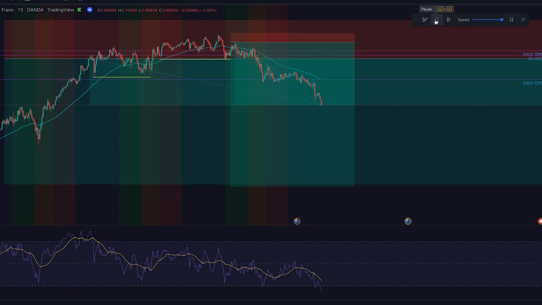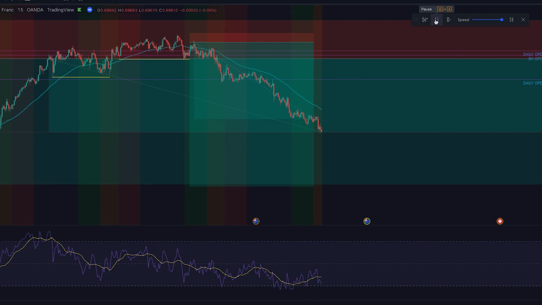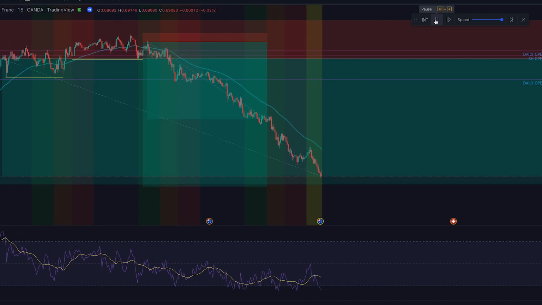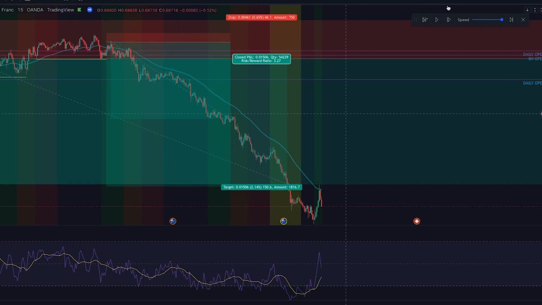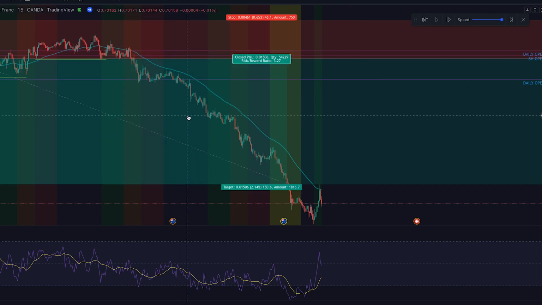There could be potential re-entries on this on the way down. And then boom, taking out target. So you could have got a 1 to 3.2, or you could have got a 1 to 16, okay? Or 1 to 16.3. Depends how you play it.